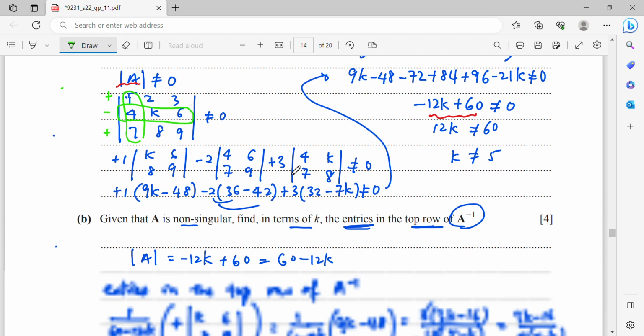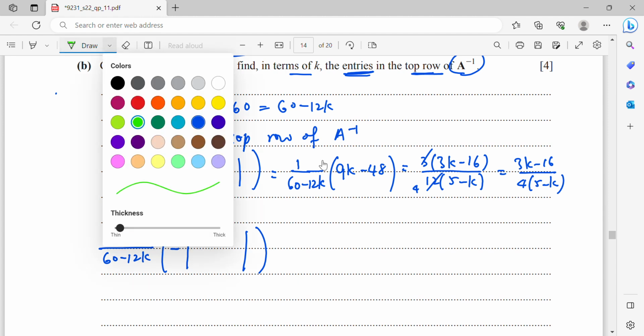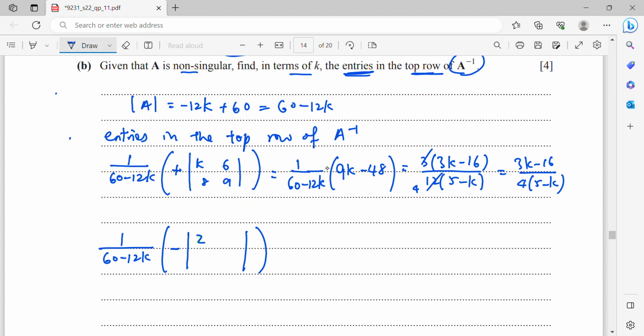Okay, so I will write 2, 3, 8, 9. Then this will be 1 over 60 minus 12k. Then we cross multiply. Don't forget there is a negative outside. I just put the negative outside, it will be easier.